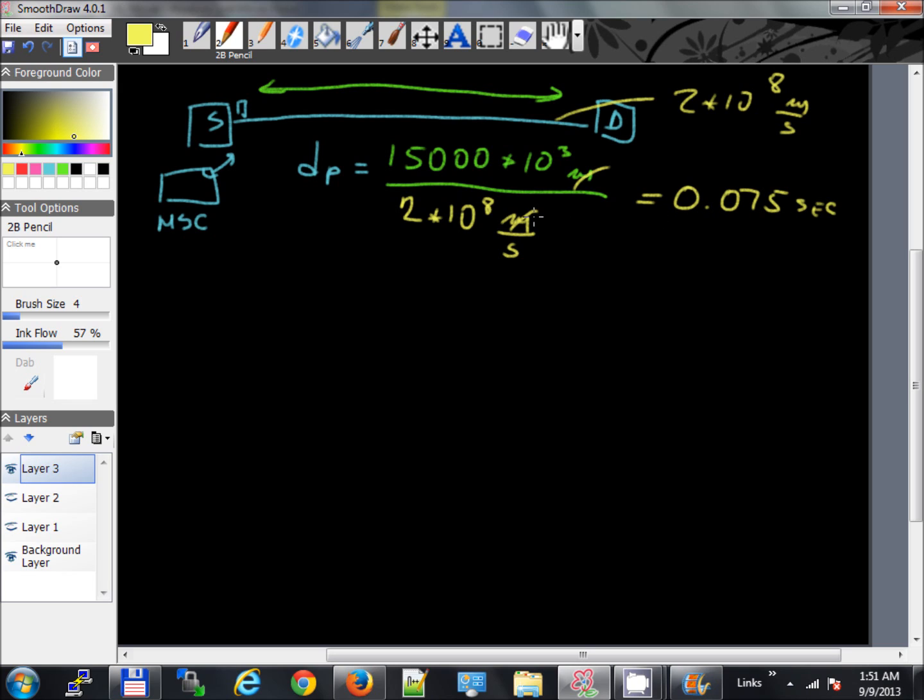So the question is, how many bits will be transmitted from the source node in this time? So we have to take this time and multiply by the transmission rate to get our answer.